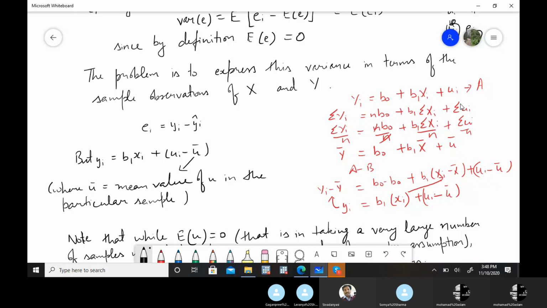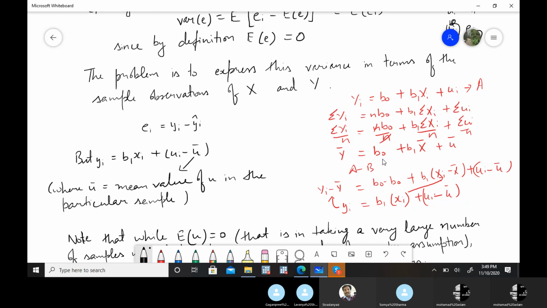Just take summation on both the sides. Summation on both the sides, it's a constant, that's why multiply by n. Now divide both the sides by n. You will get this equation.